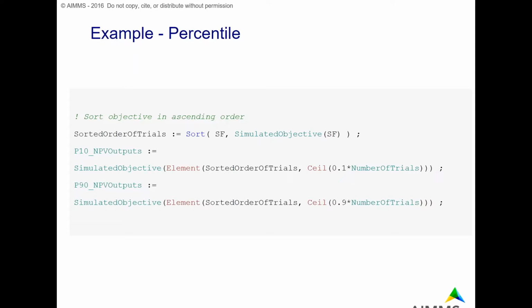That's the ordered set under all the samples, ordered by the value of simulated objective, using a sort function. After the set is ordered, we can take the 100th of the 1,000 values as the 10% percentile, and the 900th of the 1,000 values as the 90% percentile.